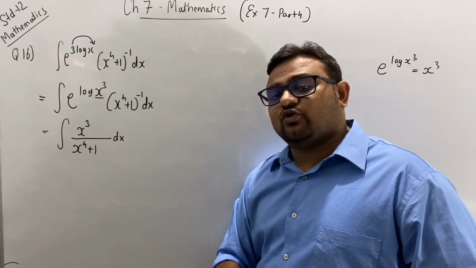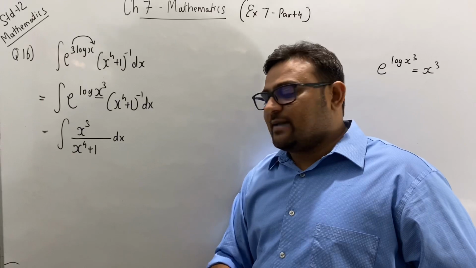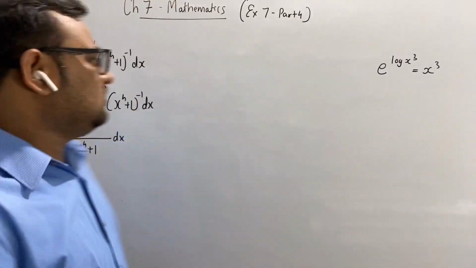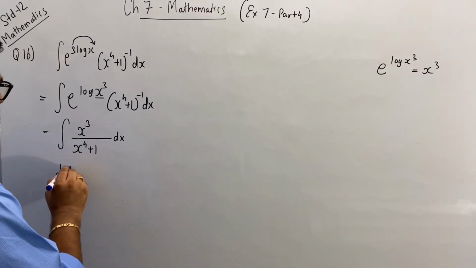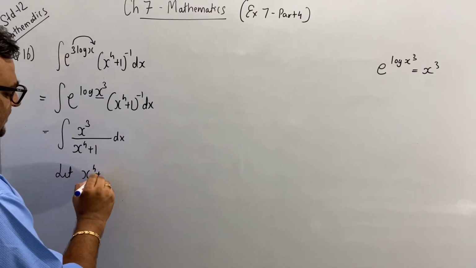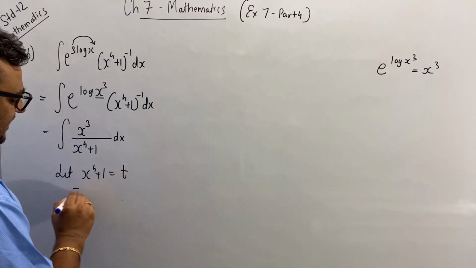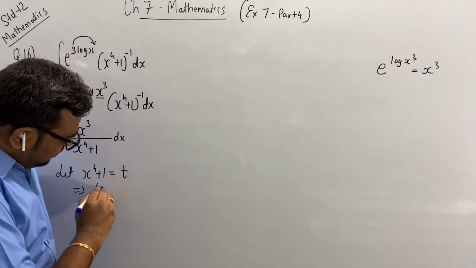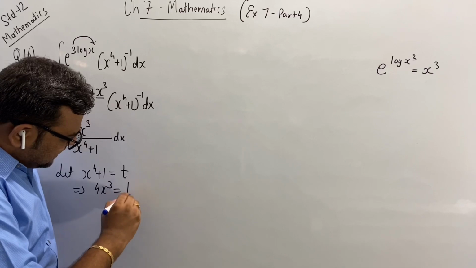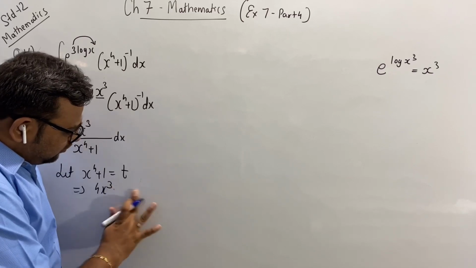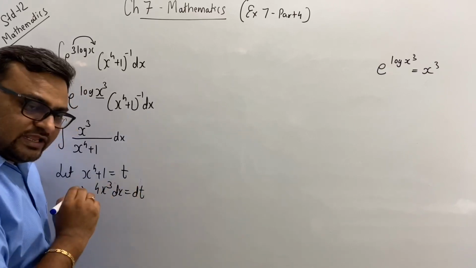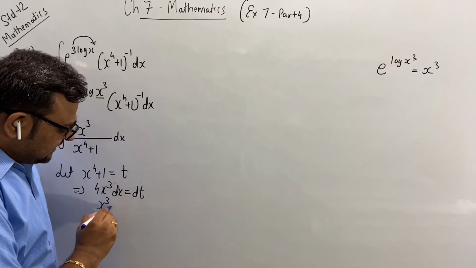The derivative of x raised to 4 is 4x cube, and I already have x cube. So let x raised to 4 plus 1 equal to t. That implies when I differentiate it, 4x cube dx is equal to dt.